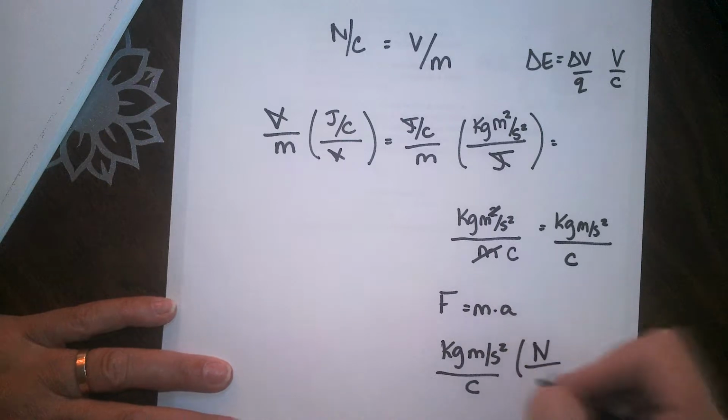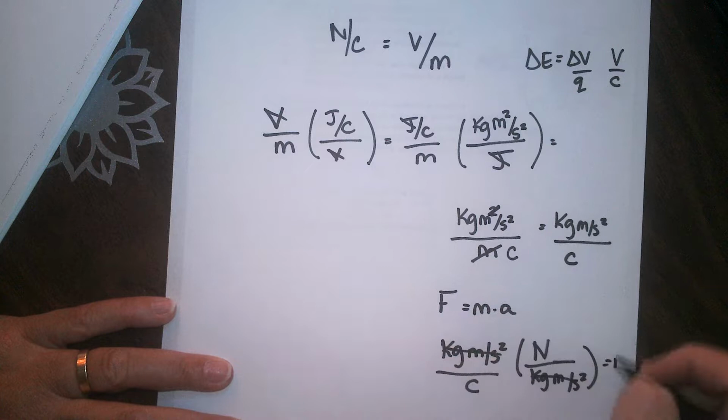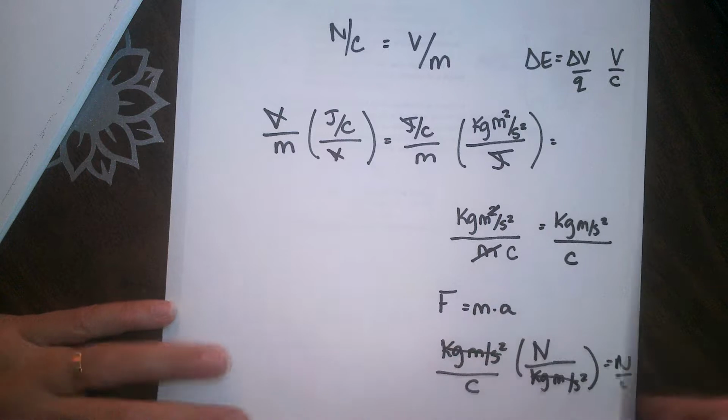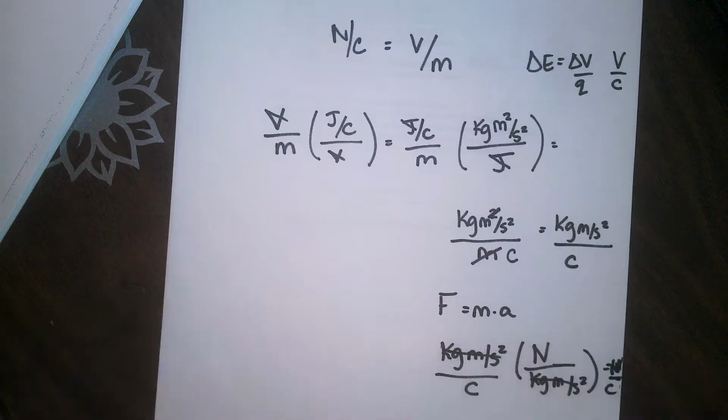Newtons. And a Newton is a kilogram meter per second squared. That's what a Newton is. I end up with a Newton per coulomb. Whoops, I wrote another Newton. Okay. It's just a conversion of units.